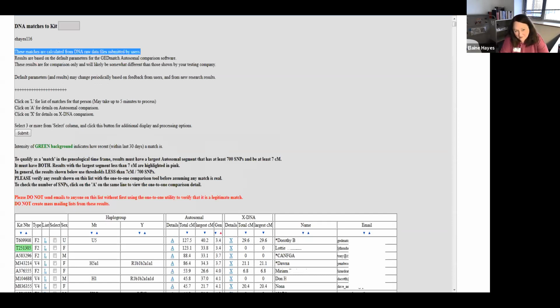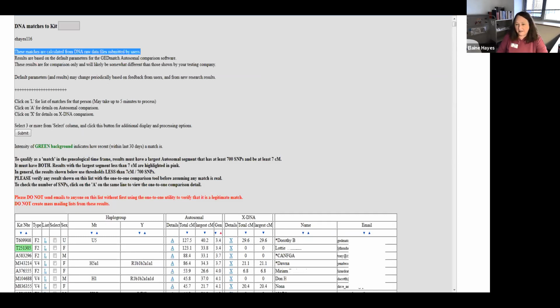This is interesting because GEDmatch has your actual email address there. They don't have a way to do private, anonymous emails, so they actually show you your real email address if you want to talk to your matches and find out how you're related.